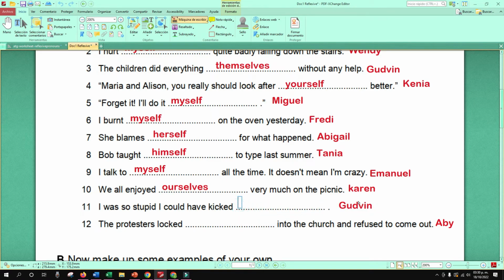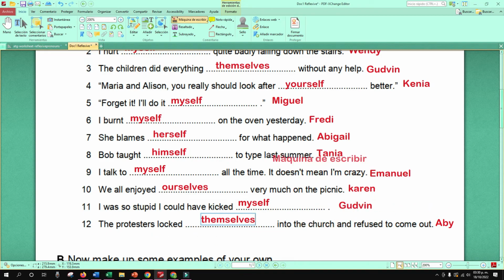What about 11, Mr. Goodwin? I was so stupid. I could have kicked myself. Good, right? Excellent. What about 12? Abby, the last one. The protesters locked themselves in and refused to come out. Excellent, themselves, right? Very good.